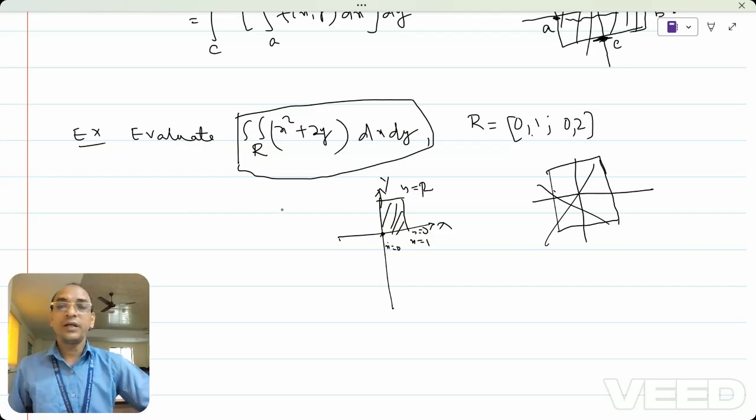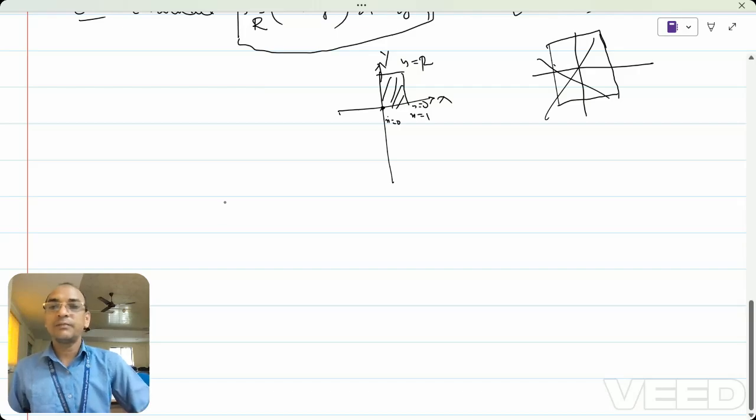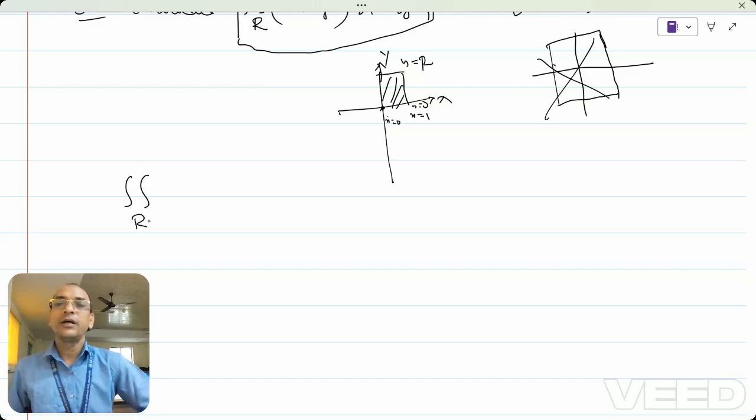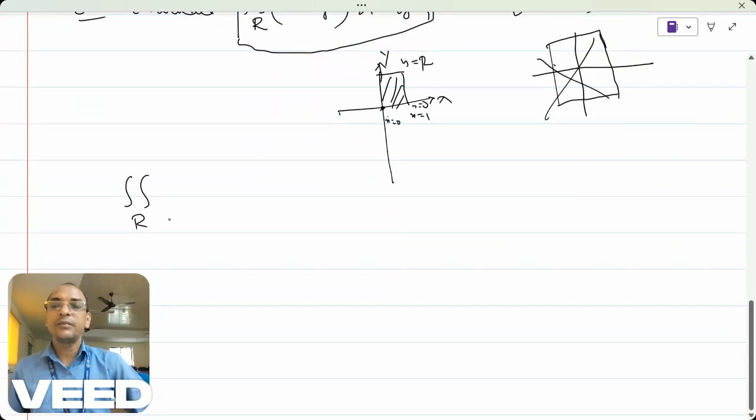So this double integral we can write as the double integration over R of f(x,y), which is x square plus 2y, dx dy.